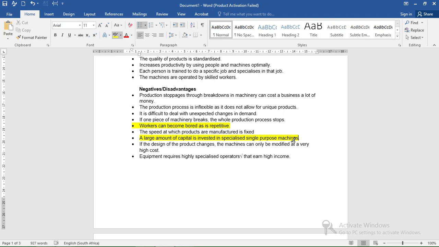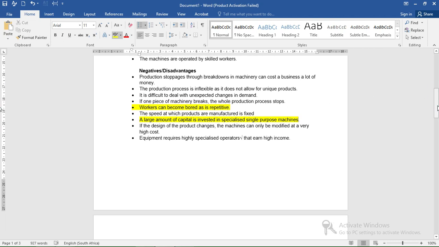Mass production is more capital intensive as compared to labor intensive. When I say capital intensive, I mean that mass production requires a lot of machines as compared to employees who can work there. So it is heavily reliant on machines, and machines require a lot of capital, right?